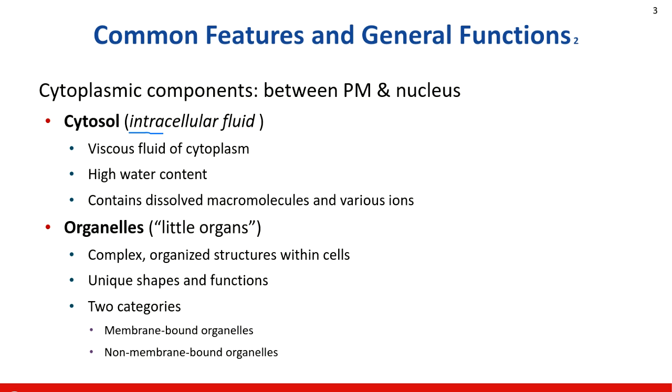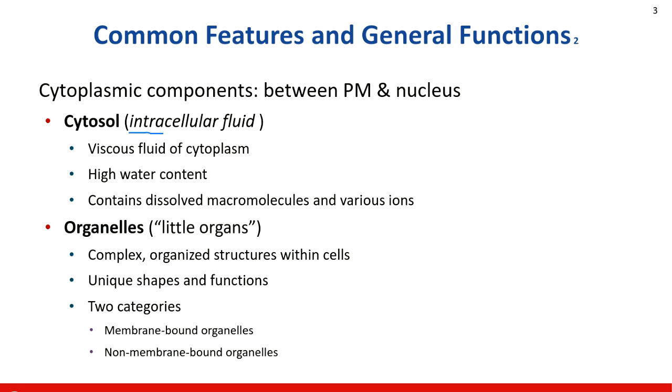So this type of fluid has a lot of water in it, but it doesn't have that water consistency. It's a little bit thicker than that, kind of like motor oil. It's going to be a little bit more viscous, okay? So, of course, due to the high water content, you are going to have dissolved substances in the cytosol, namely macromolecules.